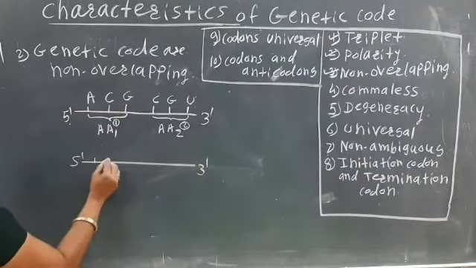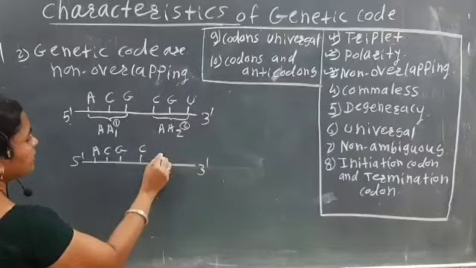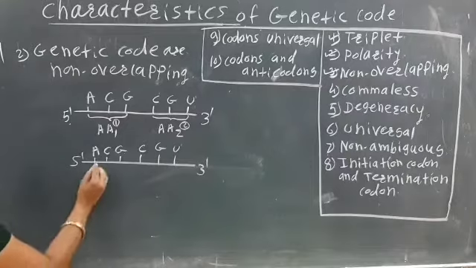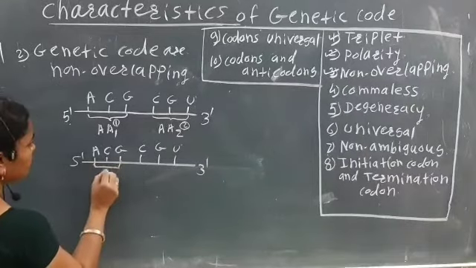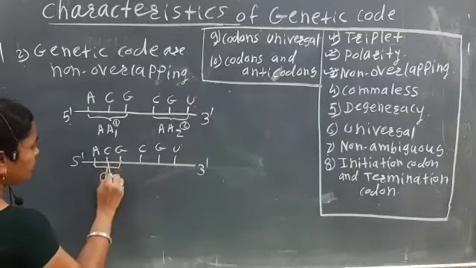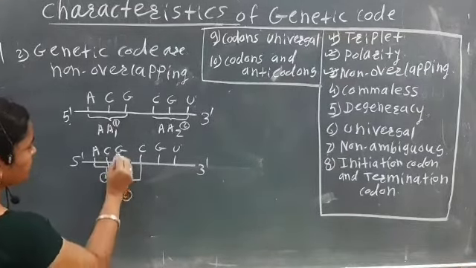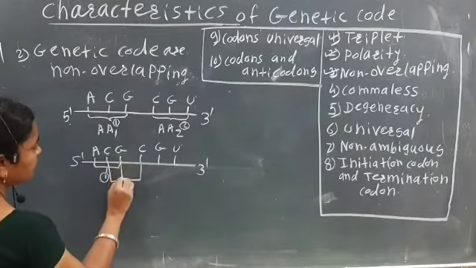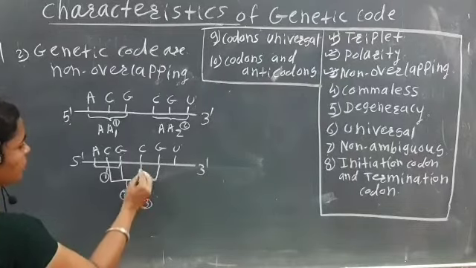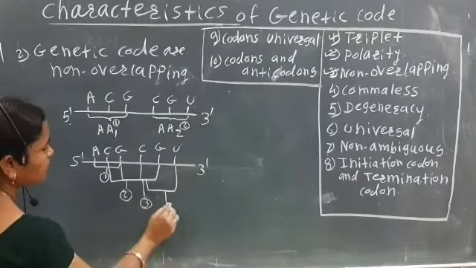Here ACG, and then CG and U. So the first codon will code one amino acid. Now how does overlapping come? Again the second codon will be formed, CGC, this will be the second codon. Now where will the third codon be formed from? From here, from G: GCG, this will be the third codon. Then which codon comes next? From here onward CGU, so it is the fourth codon.